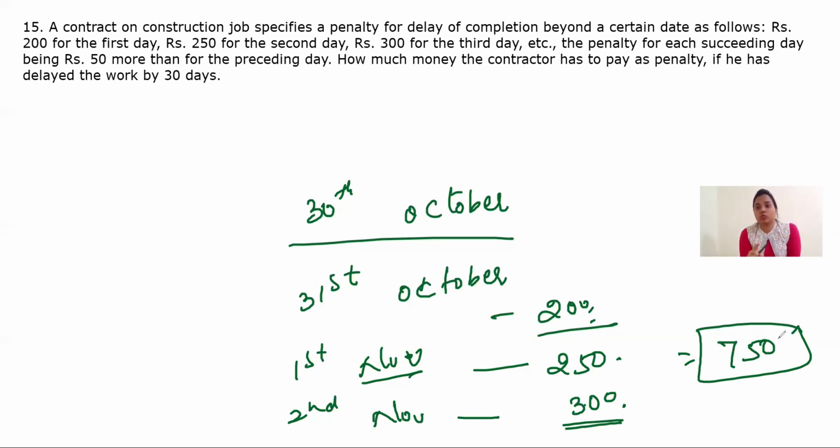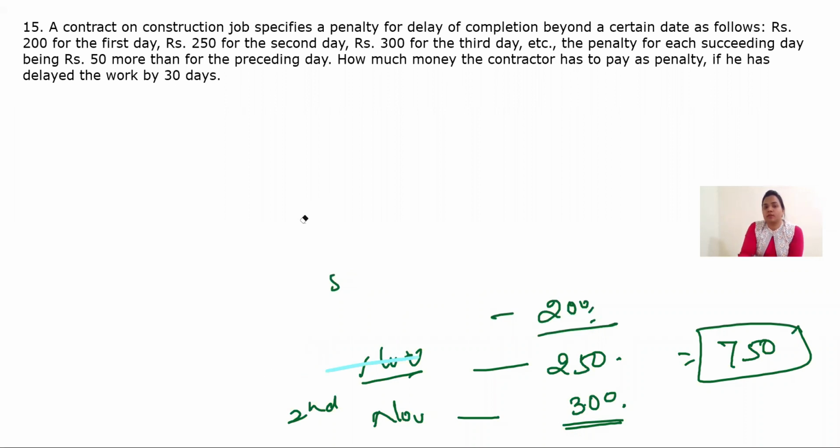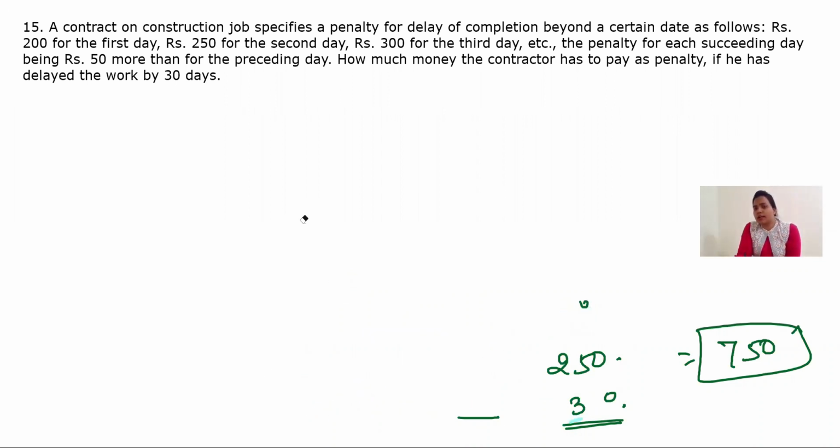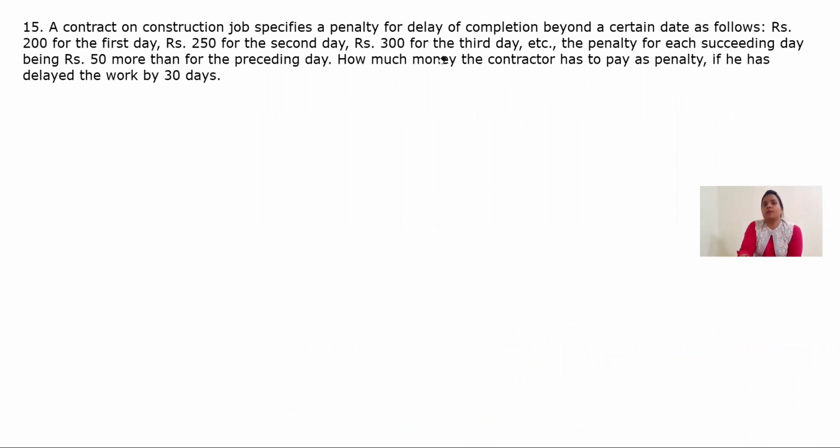But according to this question, he delayed the work by 30 days. So we have to calculate how much amount he has to pay to the owner. This clearly forms an AP in which the common difference will be 50, because he has to pay 50 more than the preceding day.